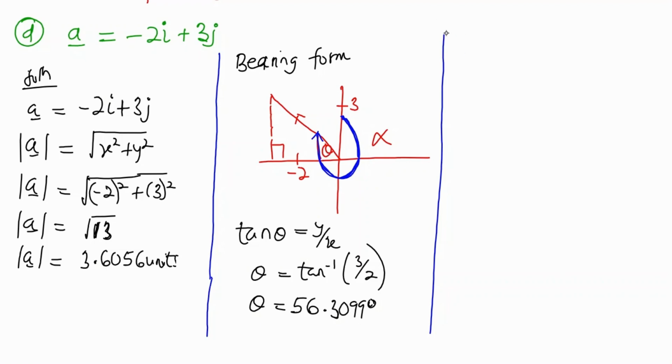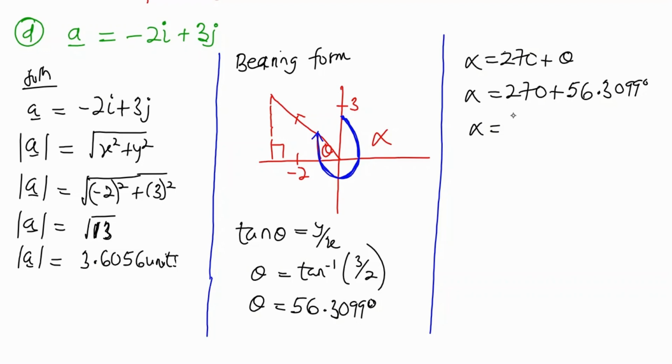So that becomes alpha now, which is equal to 90, 180, 270 plus theta. So alpha is 270 plus, now our theta here is 56.3099 degrees, which means that alpha now is equal to 326.3099 degrees.